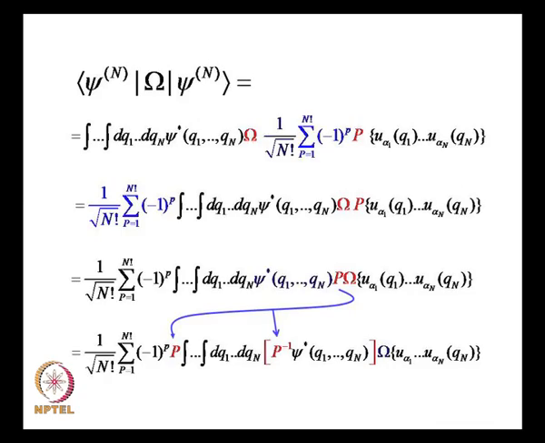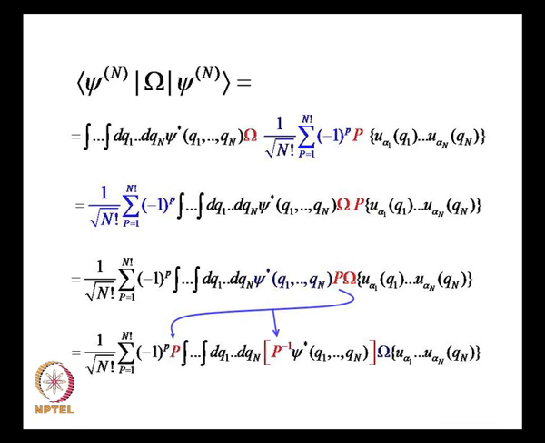So you can move it behind this, but you compensate for it by having a p inverse and restrict the effect of p inverse to this bracket.